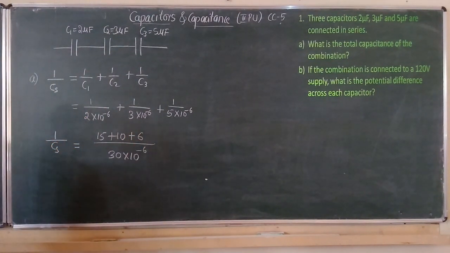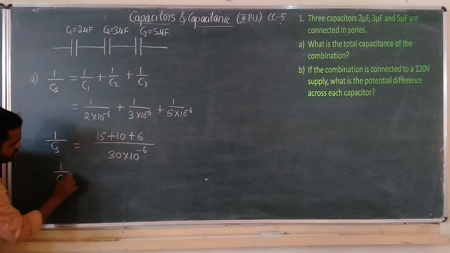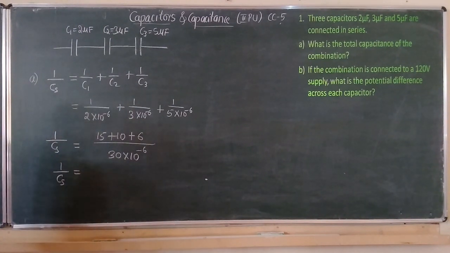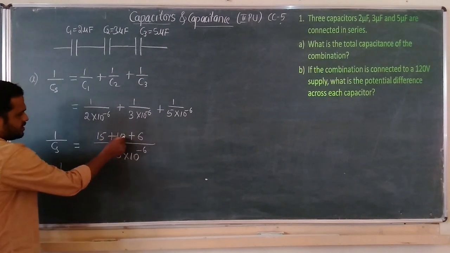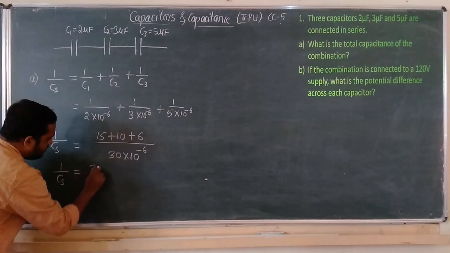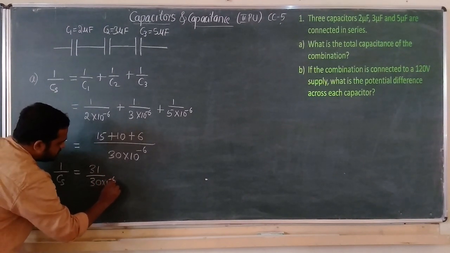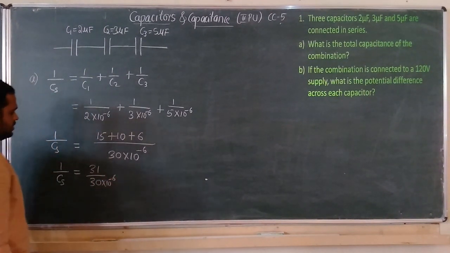I think it is clear. So 1 by Cs is equal to 10 plus 15, 25 plus 6, that is 31 divided by 30 into 10 to the power minus 6.